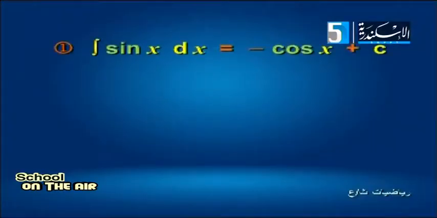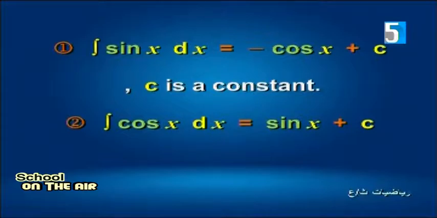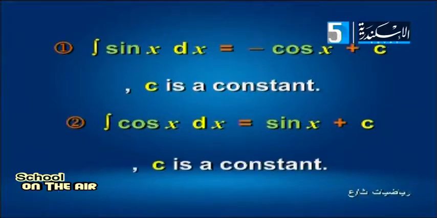Integration sin x dx equals negative cosine x plus c, where c is a constant, and integration cosine x dx equals sin x plus c, where c is a constant.